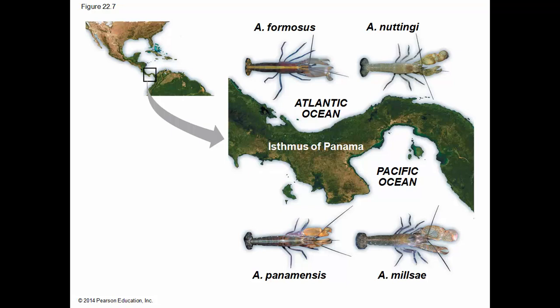Remember, they talk about 15 pairs, but these species are all very morphologically similar, but they're separated by the Isthmus of Panama, which arose from volcanic events about 9 to 3 million years ago. When the Isthmus of Panama arose, it caused these species to become distinct through allopatric speciation.